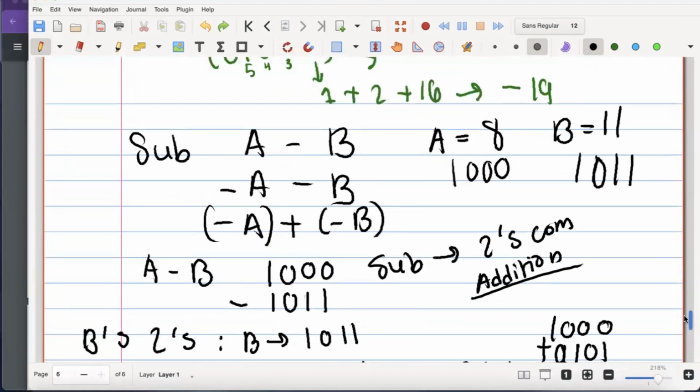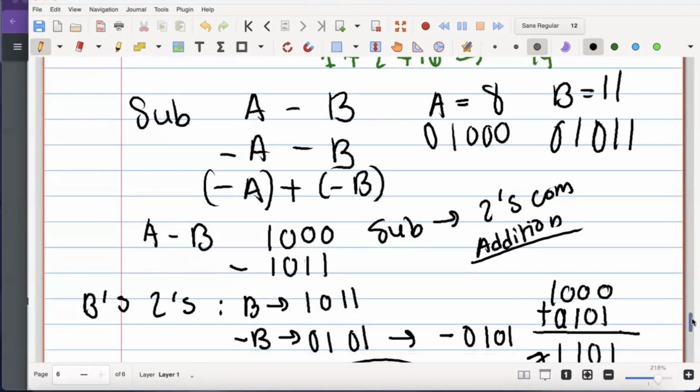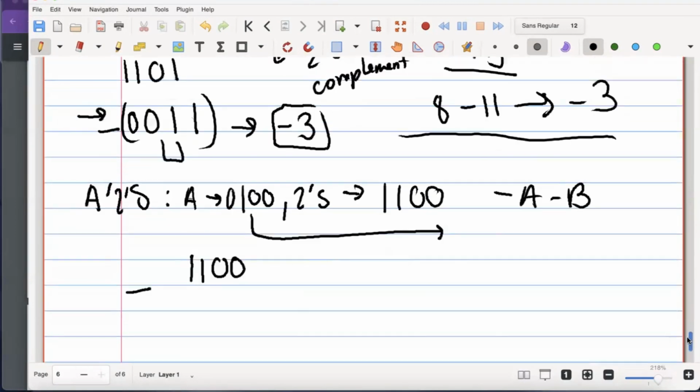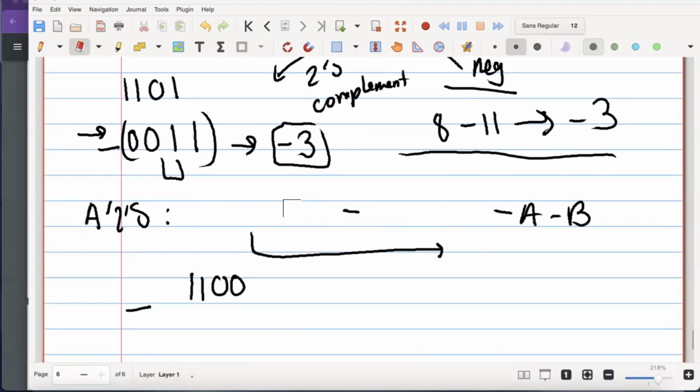B was initially negative. I'm gonna add another zero to these just so it makes sense, okay? Maybe I should have done that before, because if you're working in signed states, everything's in signed states.